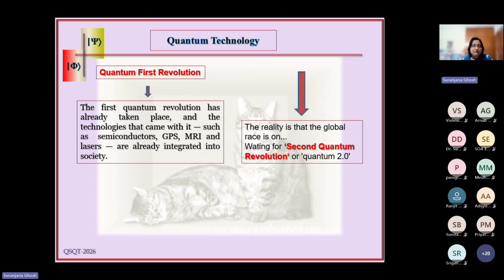They have no classical counterpart, and it opens a new window for different fields, for example, quantum sensing, quantum computing, quantum communication. These fields are developing very rapidly, and together they can build this new technology, which is quantum technology.